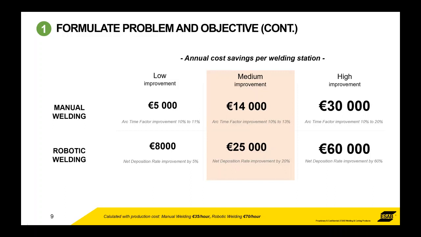For robotic welding, we often focus more on the net deposition rate. It doesn't mean that you can't increase the arc time factor, but the net deposition rate is how much welding material you're actually depositing into the weld per hour, and that's often the main focus for automatic or robotic improvements.